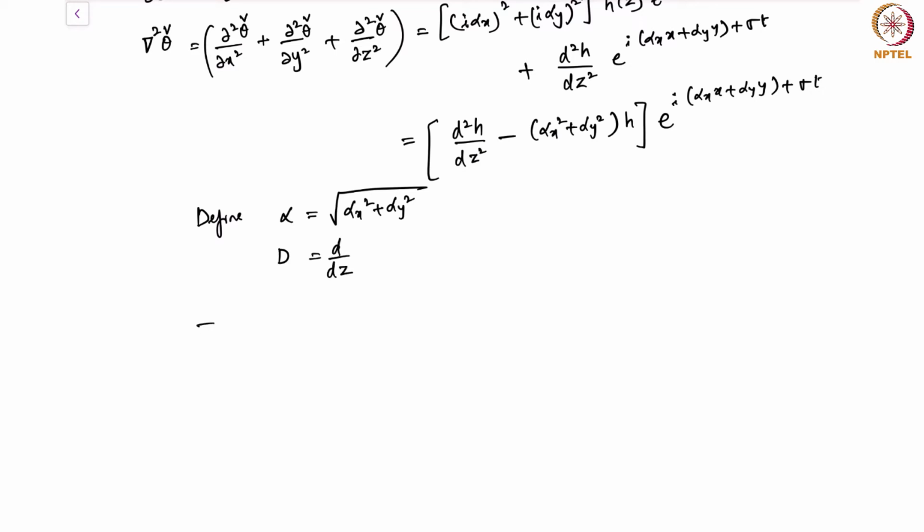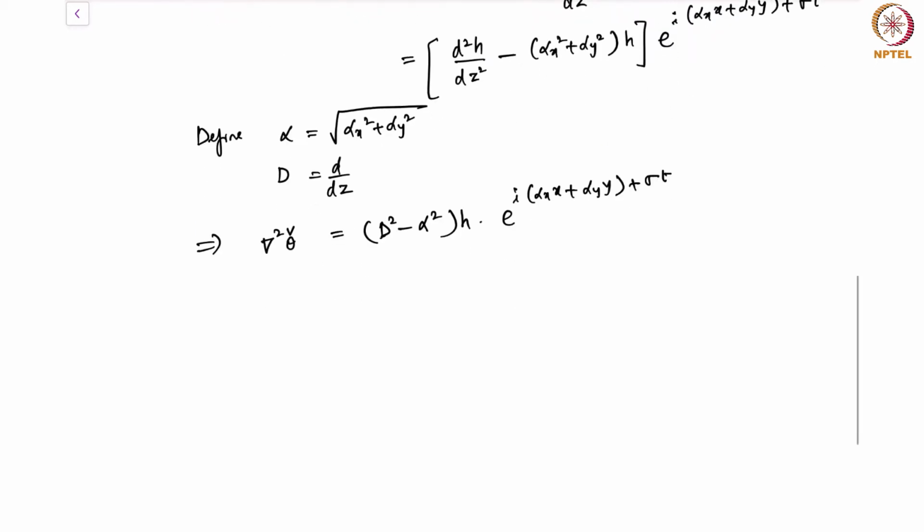So now, with the shorthand notation, del square of theta hat simply becomes (D square minus alpha square) of h, multiplied by e power i (alpha x x plus alpha y y plus sigma t). This is my del square of theta hat.